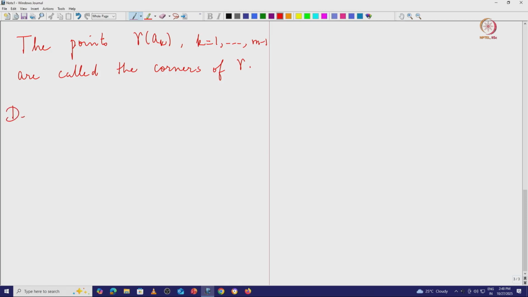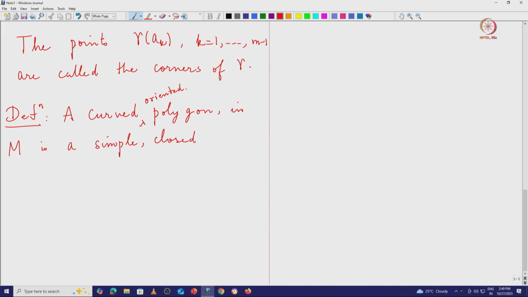Right, so now I can define what I mean by a curved polygon. So a curved oriented polygon in M is a simple closed piecewise smooth curve with unit speed.